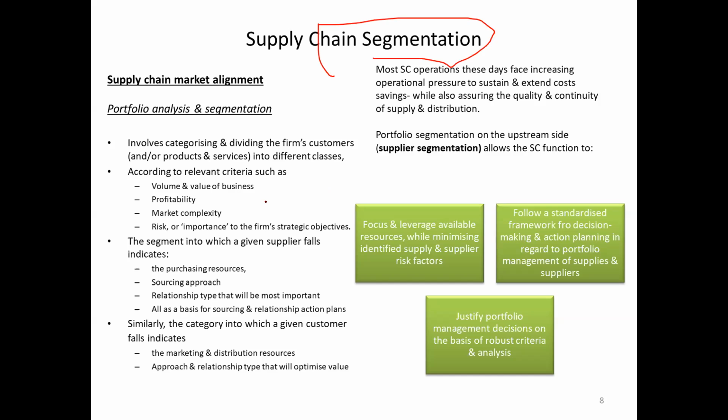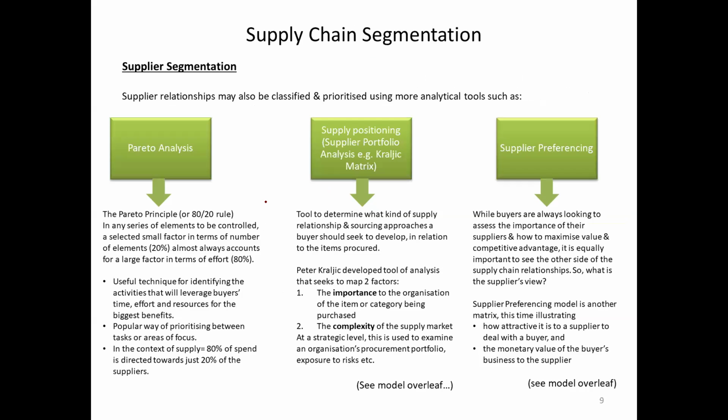And that's a slide from the old syllabus there that gives you a few, and I'm sure I've put some couple of notes in mine. There's Pareto, and we've got Kraljic and the supply positioning matrix, which is the supply preferencing, nuisance, core, all that stuff.